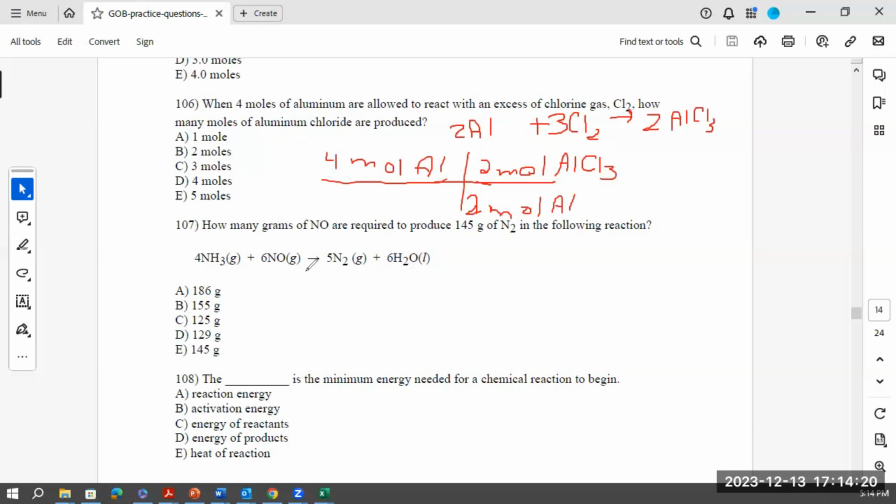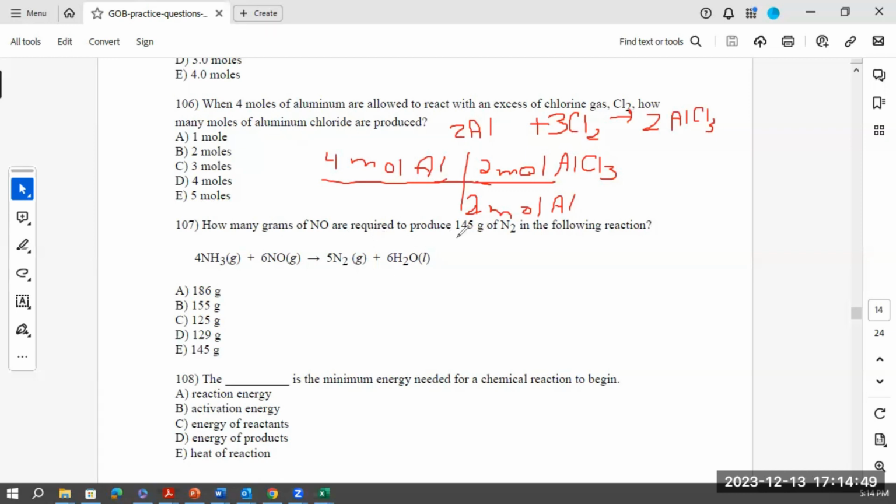Okay. So how many grams of nitrogen monoxide are required to produce 45 grams of nitrogen in the following reaction? So we want to know how many grams of nitrogen monoxide are required to produce 45 grams of nitrogen.